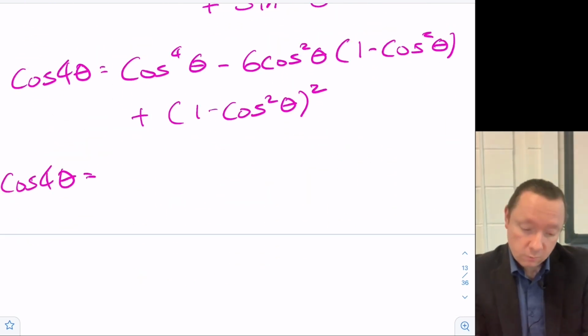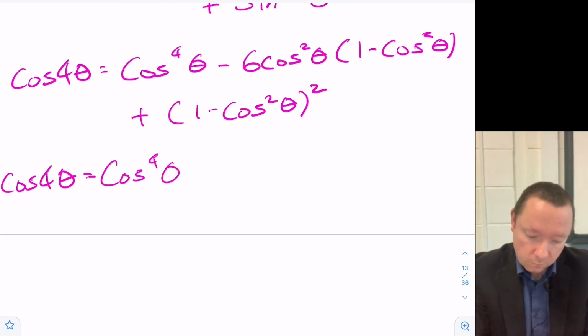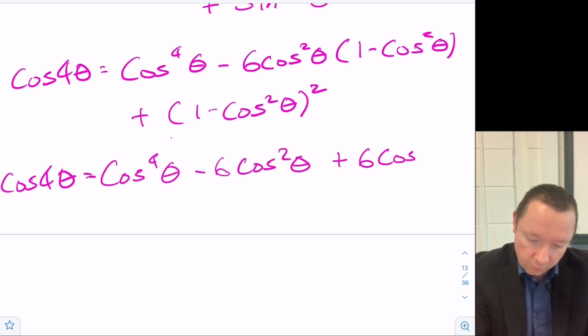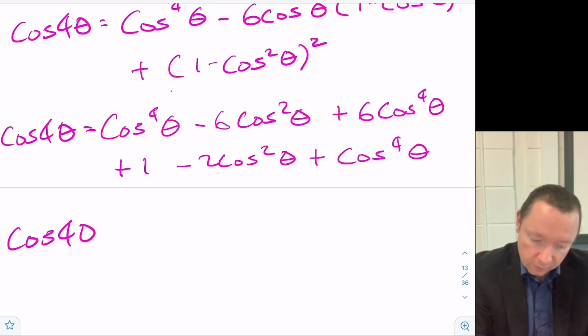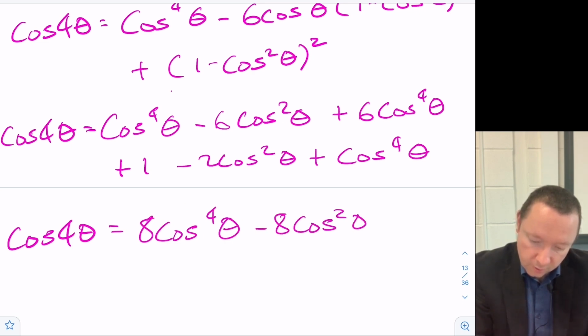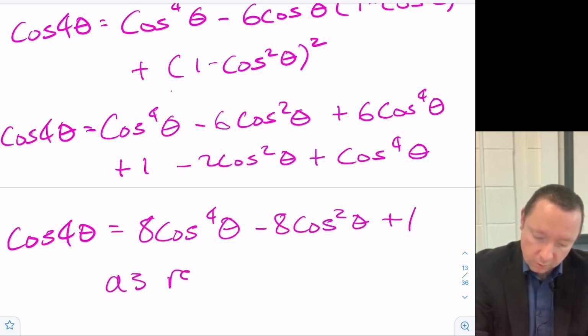Tidying that up further, we've got cos to the power of 4 theta minus 6 cos squared theta plus 6 cos to the power of 4 theta plus 1 minus 2 cos squared theta plus cos to the power of 4 theta. So cos 4 theta equals 1, 6, 8 cos to the power of 4 theta minus 8 cos squared theta plus 1 as required.